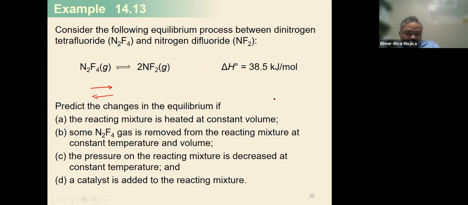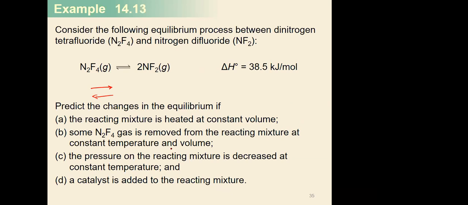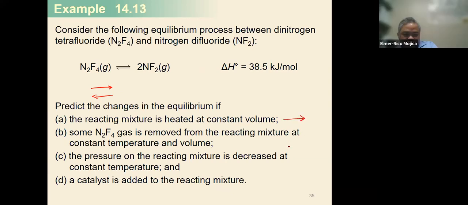Shift to the left, shift to the right? Shift to the right. So this is an endothermic reaction. If you're going to heat it, that means the temperature increases. Everybody got that?